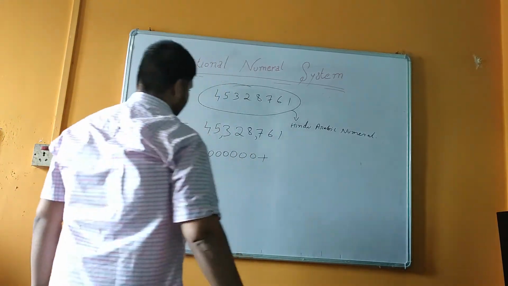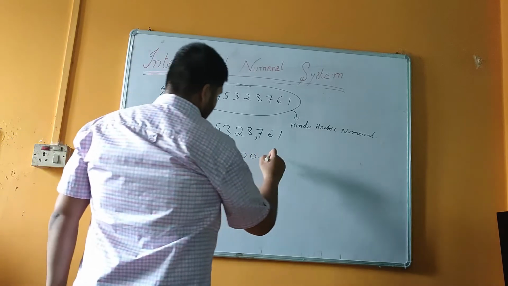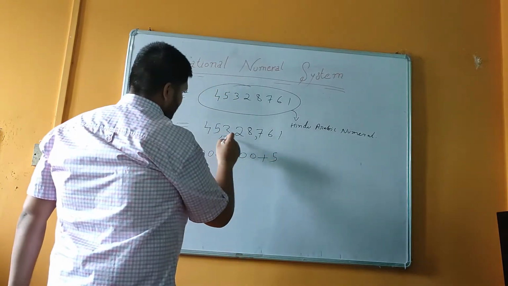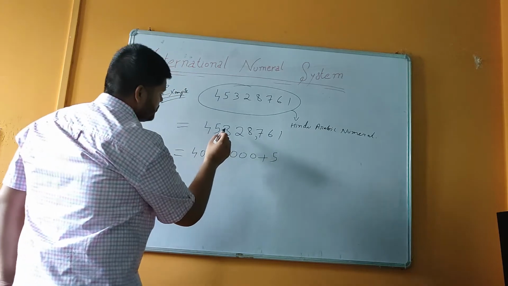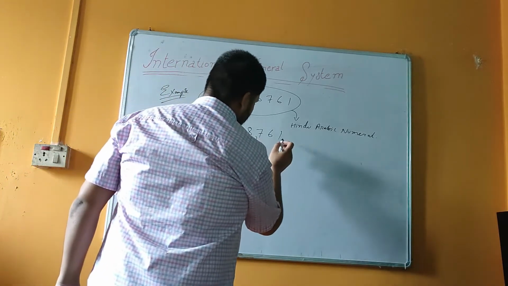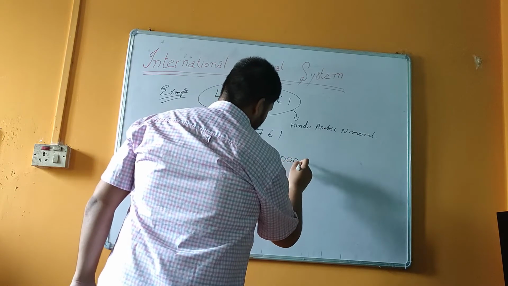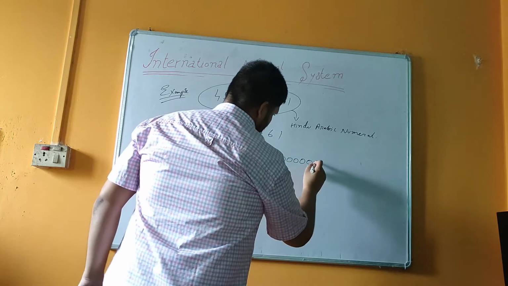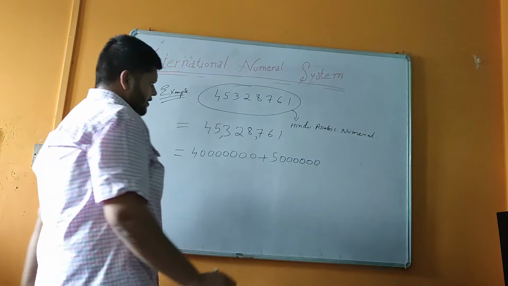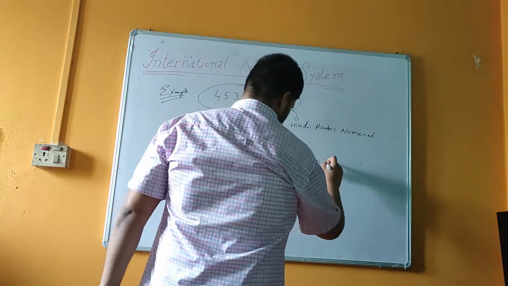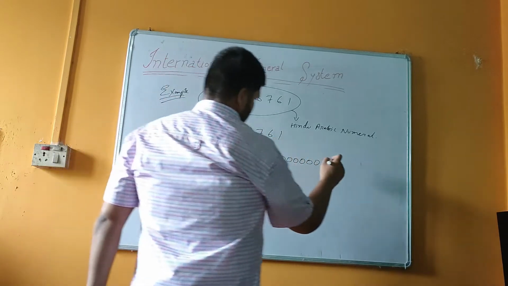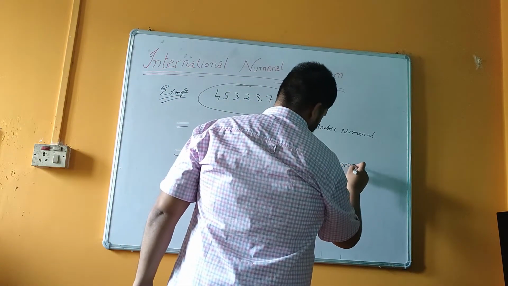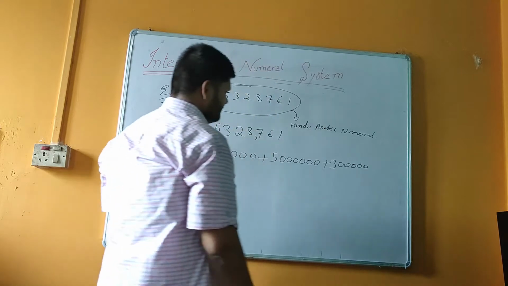Plus here 5. After 5, 6 zeros. Why? Because 6 digits exist: 1, 2, 3, 4, 5, 6. After 3, how many digits? 5 digits, so 5 zeros. Okay.